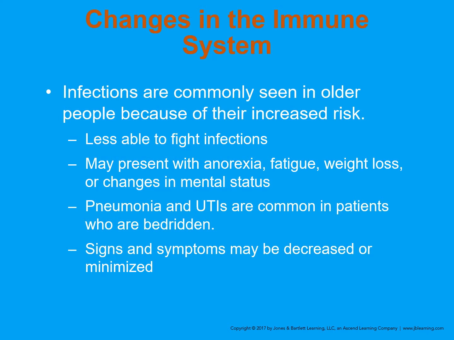They get pneumonias, UTIs, especially if they're bedridden. They don't get out, they don't move around, so that fluid just pools there. The heart's not increasing at all to really move it around. And signs and symptoms may be decreased or minimized. So they might have something major going on and there aren't major signs or symptoms of it.